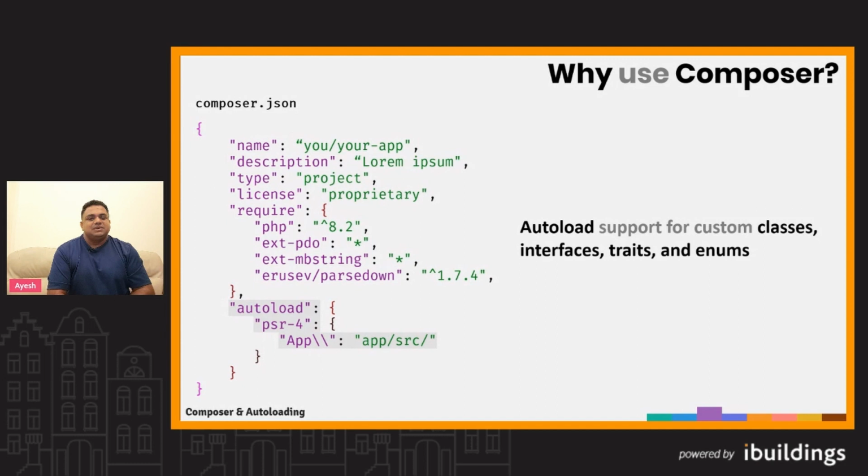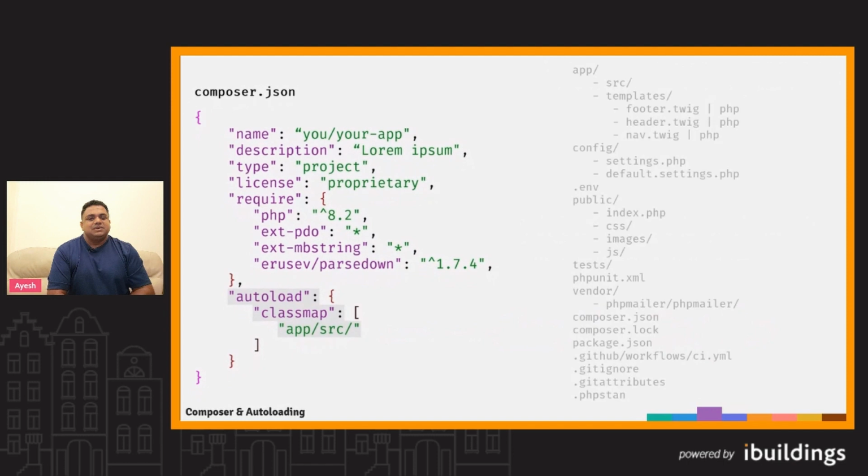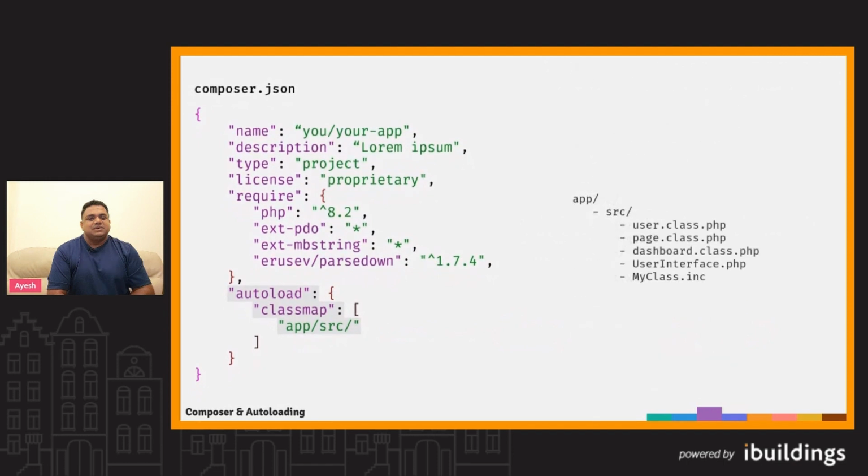So here, in this example, we are saying we are following PSR-4 naming convention, but you don't have to do this, because legacy applications probably do not follow any of the naming conventions. So we use a feature called class map, which basically tells Composer, hey, can you go take a look at our app src folder and scan everything.